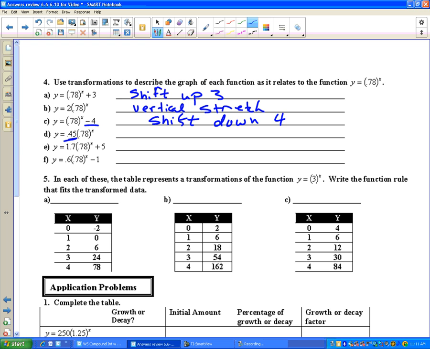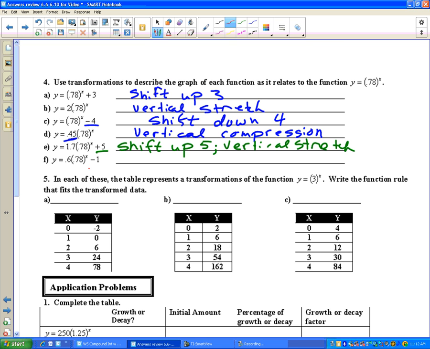This is a 0.45 in front, so this is a vertical compression by a factor of 0.45. Letter E, I'm doing 2 things. I am doing a shift, a translation, up 5, and I'm doing a vertical stretch by a factor of 1.7.